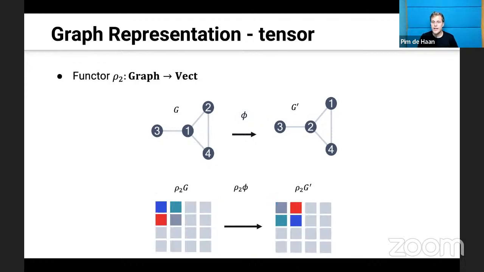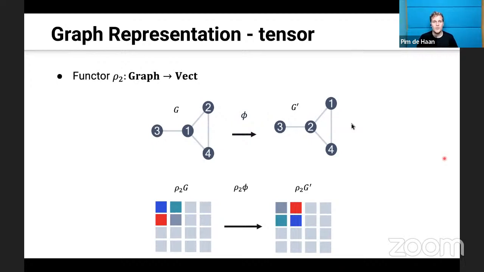Then we can also construct higher order representations, and these, for example, are matrices. So here we would assign to a graph with 4 nodes the vector space of 4x4 matrices, and graph isomorphisms are mapped to linear maps between these matrices by permuting the rows and columns of the matrix.